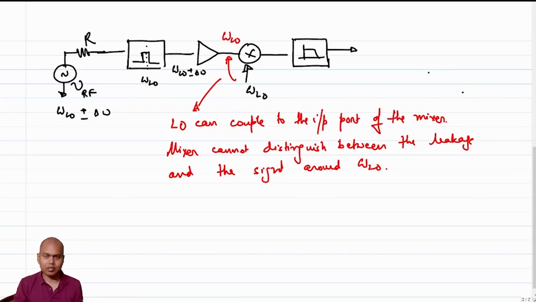But the issue is, just like anything else, we assumed so far that the sinusoid that is driving the mixer is pristine. It has absolutely no change of amplitude, and it has absolutely no change of phase from the time you turned on the signal generator to time t equal to infinity.